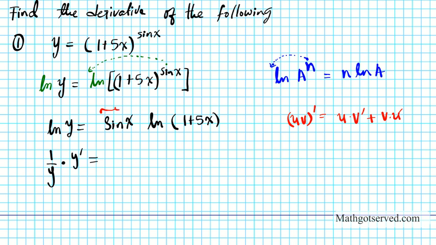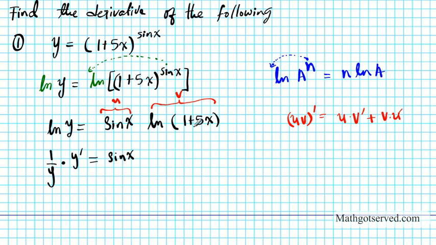In this case, sine x is going to be my u, and the natural logarithm of 1 plus 5x will be my v. Okay? So u is simply going to be sine x. To find v prime, we have a natural logarithm function composed with a linear function, so we're going to have to use the chain rule.